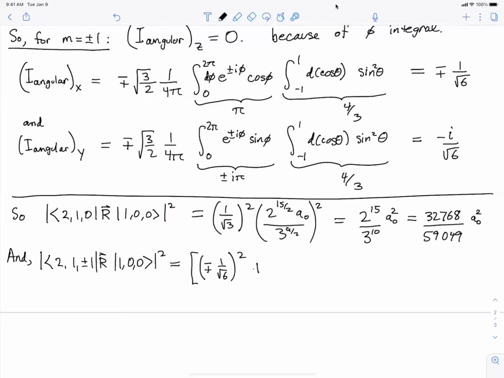And I have to add to that the minus i over root 2. Remember, we're taking the complex conjugate squared. So it looks like that. And then I'll write plus 0 there for the z part. And then the radial part is the same. Okay, and when you work this out, it's exactly the same answer. So I should maybe write "same" there.